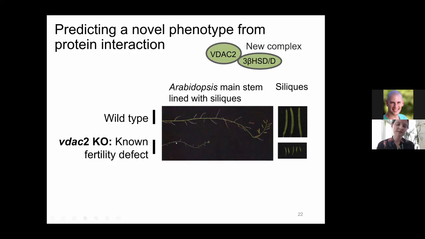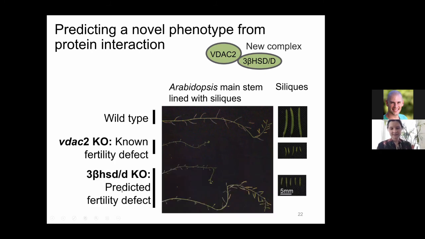VDAC2 knockout is known to cause fertility defects where you get dwarfed plants and short siliques. Our knockout of 3-beta-HSDD also nicely caused this same fertility defect, where you can see a highly affected plant and a less affected plant that is able to recover later.